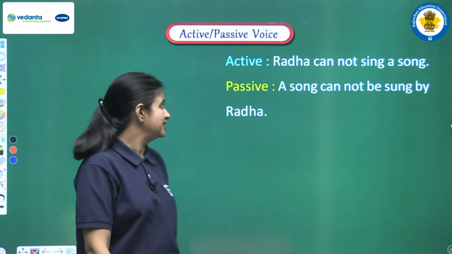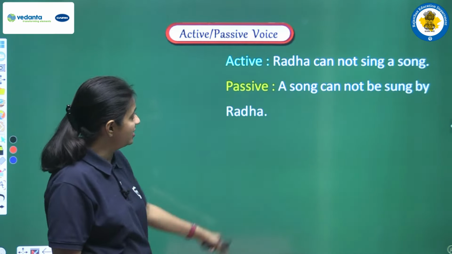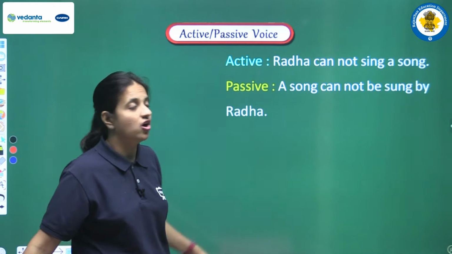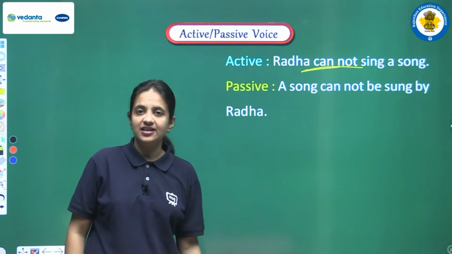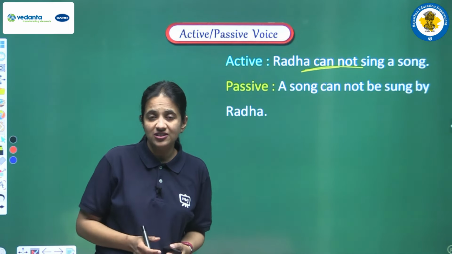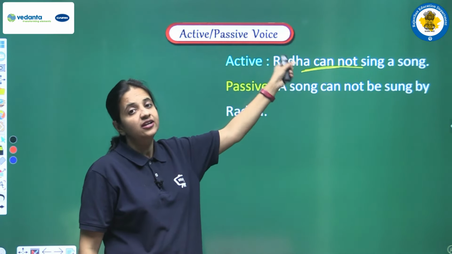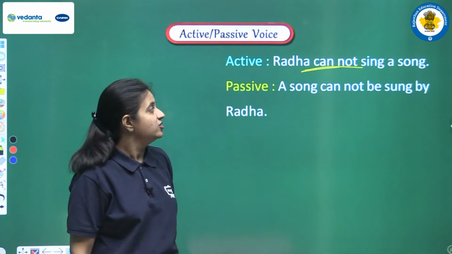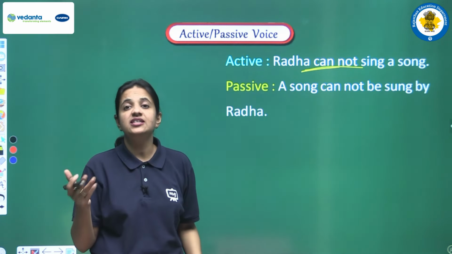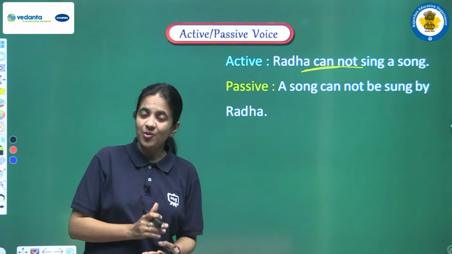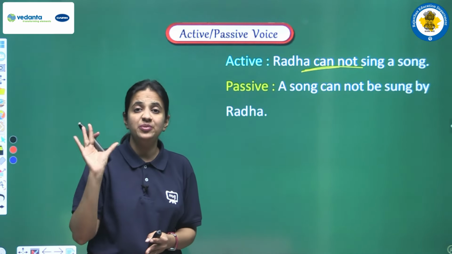More example we are having, Radha cannot sing a song. So in this example we are having modal, okay. So yes, negative sentences can have modal auxiliary also. So here we are having cannot. So this is a negative sentence. So we have learned this thing that when we are having modal, we cannot change the modal. We have to use the same modal, but we have to add be, right?